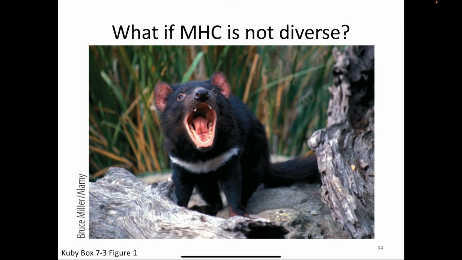Tasmanian devils have really similar MHC. Basically, they also all have the same MHC. They all died off in the past. There were like a couple of progenitors that gave us the rest of the Tasmanian devils we have. So they all have the same MHC. If right now I had skin cancer on my hand and I wiped it on Aurora, Aurora would not get skin cancer.